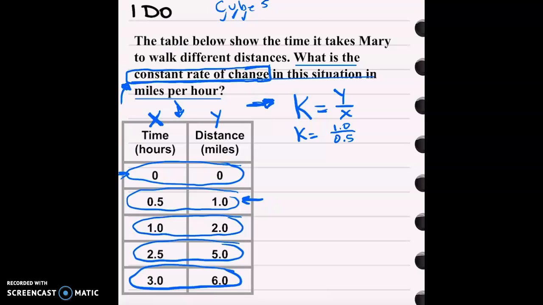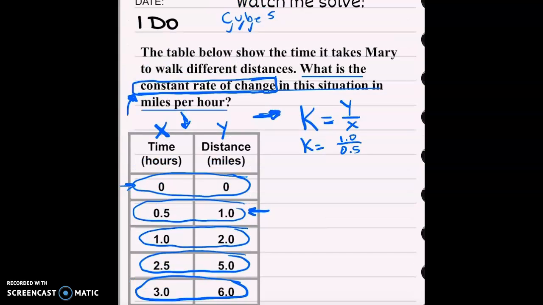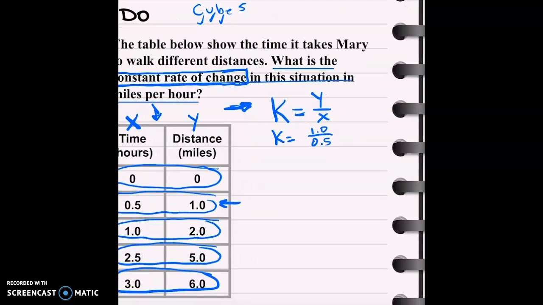0.5. And I know that the fraction bar means division. So I'm going to put 1.0 in the box and 0.5 outside the box. I'm going to move my decimal all the way to the end, up against the wall. Move it over, bring it straight up.